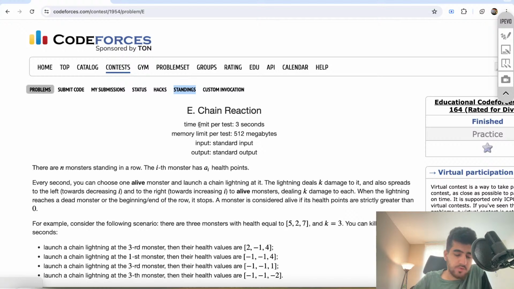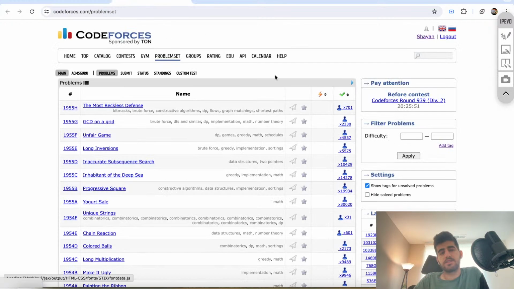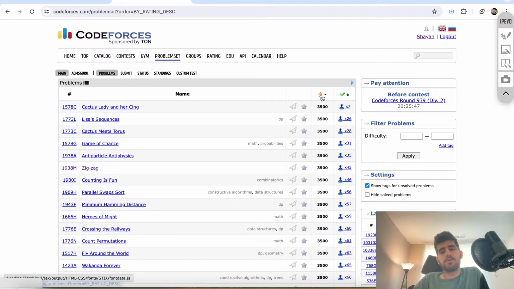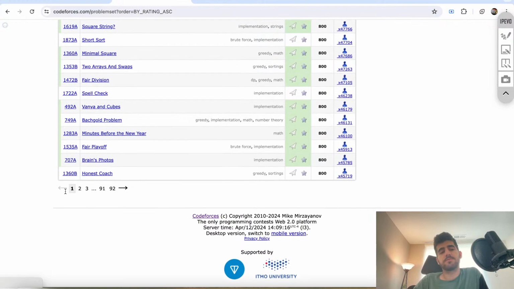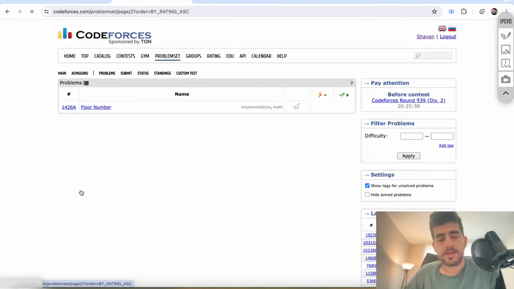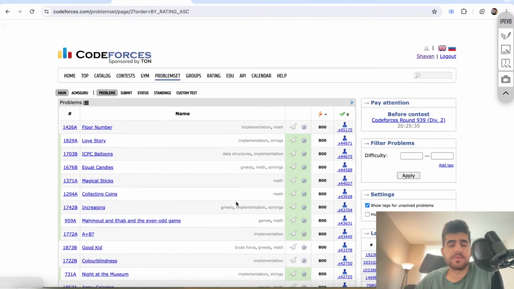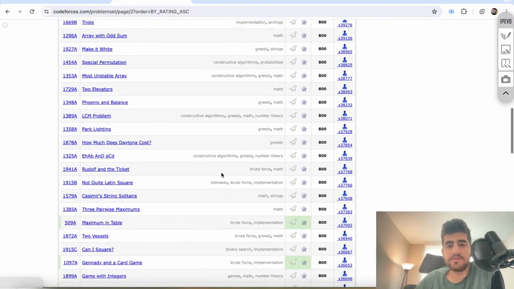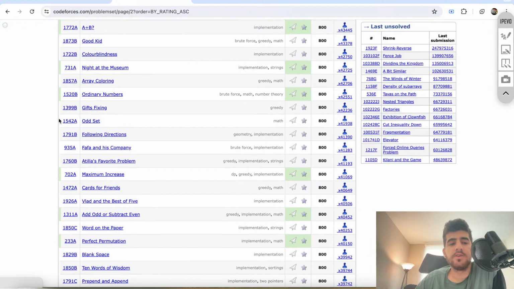How to move from newbie to expert? You really need to go to problem sets, as I said before. Sort the problems in here by their difficulty, starting from the smallest difficulty to the greater ones, and then start solving a lot of problems. If you see in here, some of them are not solved by me, it's because they are new problems.